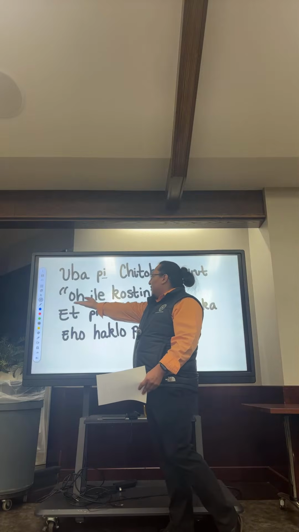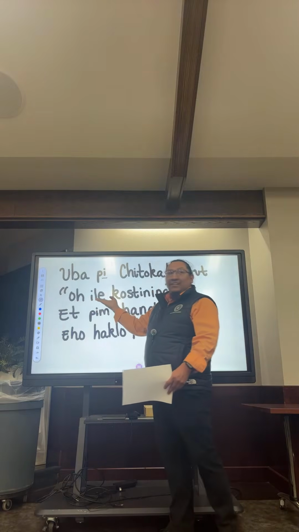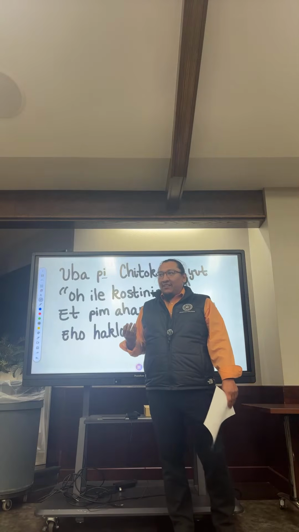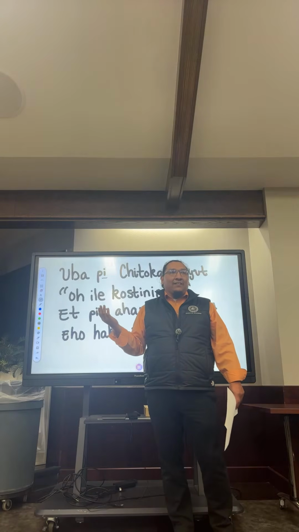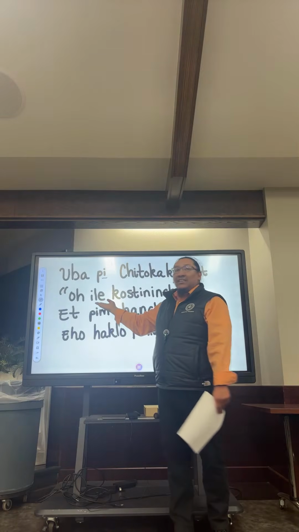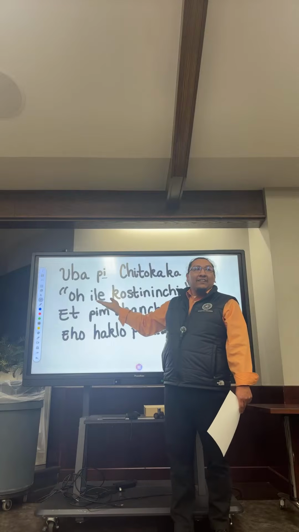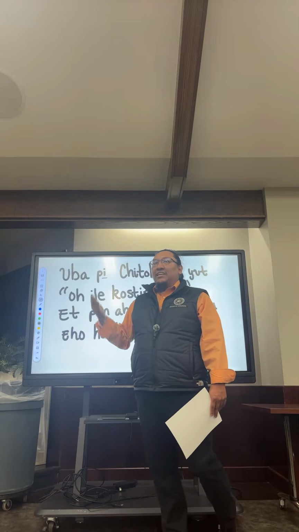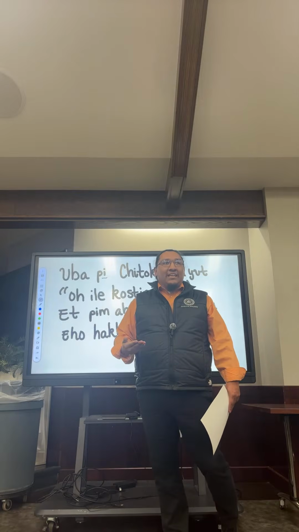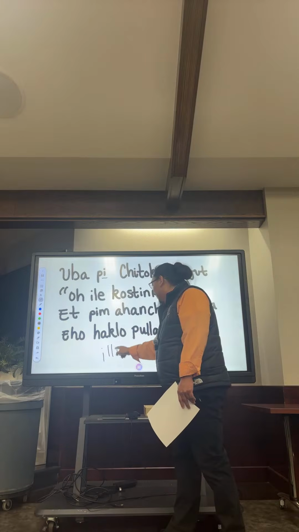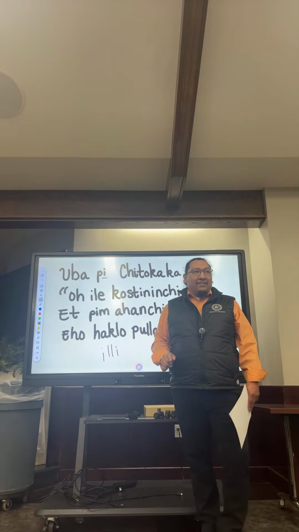So O means everybody. Ili sounds like illi, but this is Ili. So you hear the difference? This is Ili. But to die or to be dead is Illi, which is spelled with two L's.